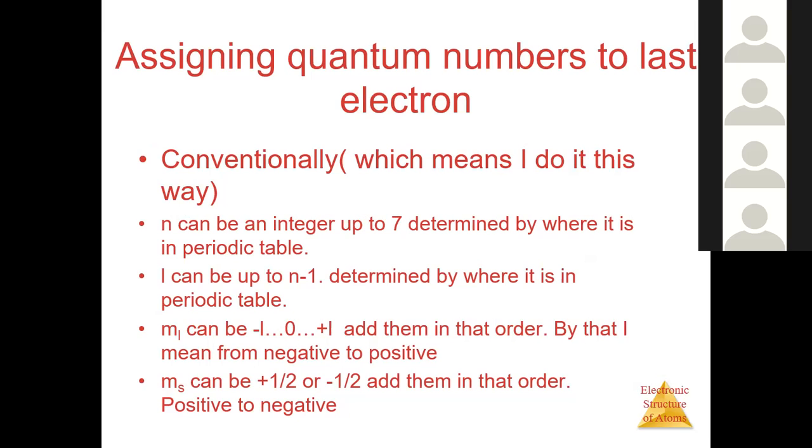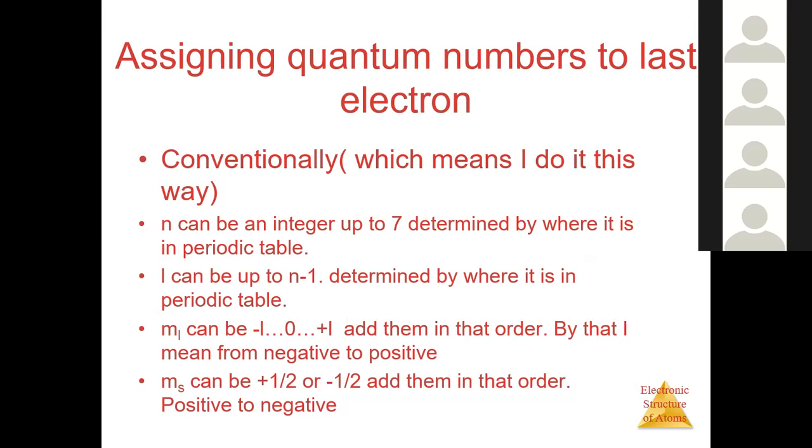N can be an integer up to 7, determined by where it is in the periodic table. L can be up to n minus 1, again, determined by where it is in the periodic table. Now, if you have suborbitals, which means P, D, and F, then you have different M sub L levels.